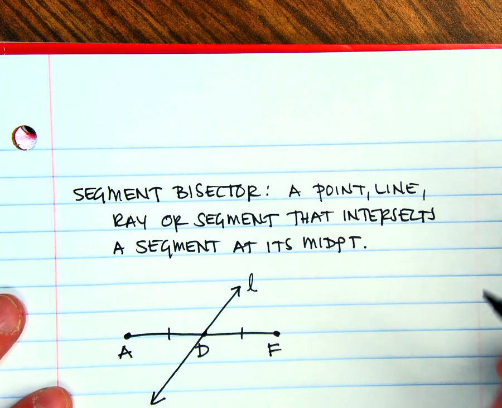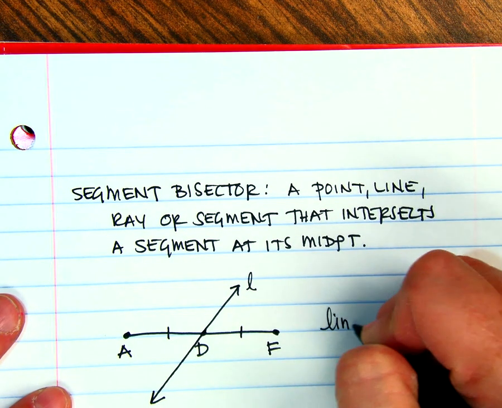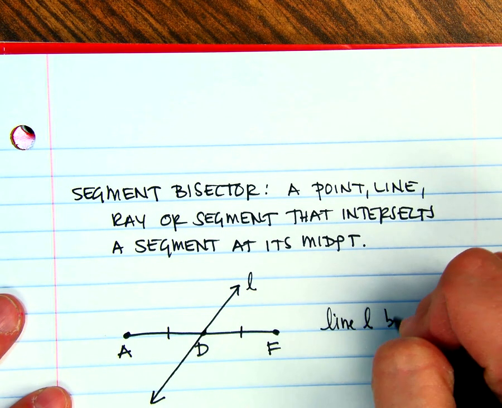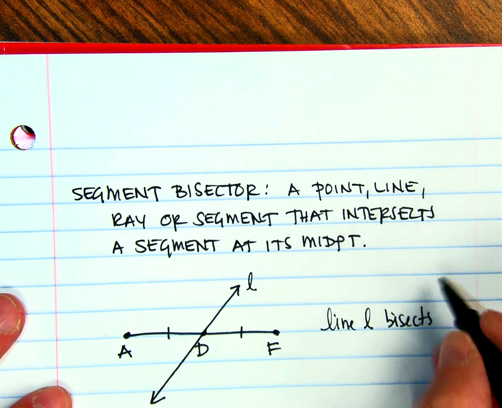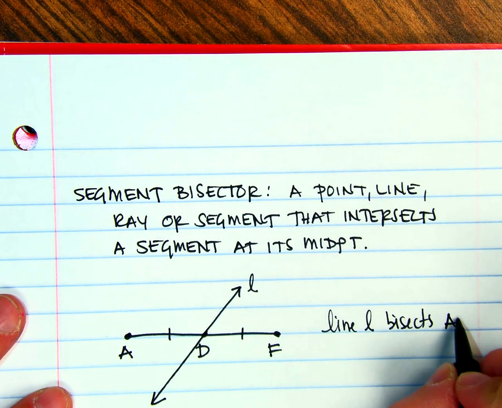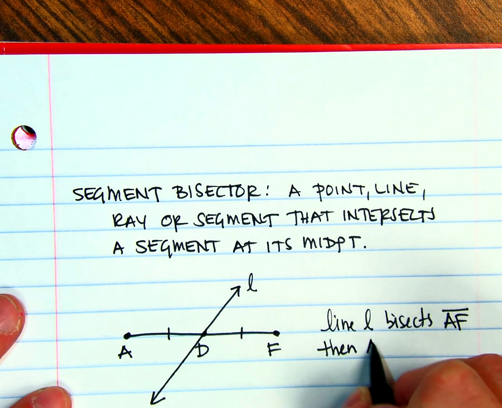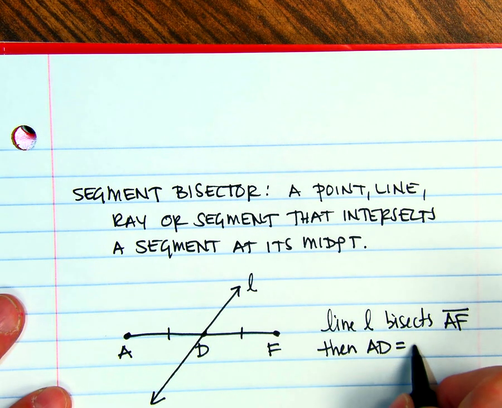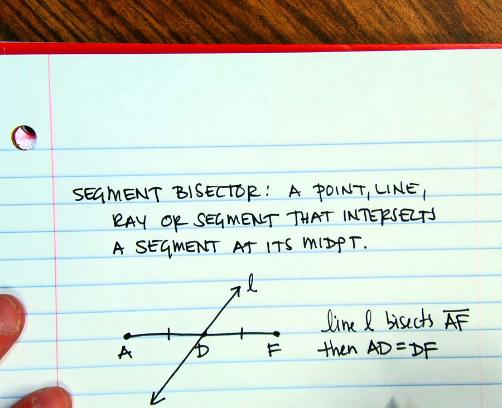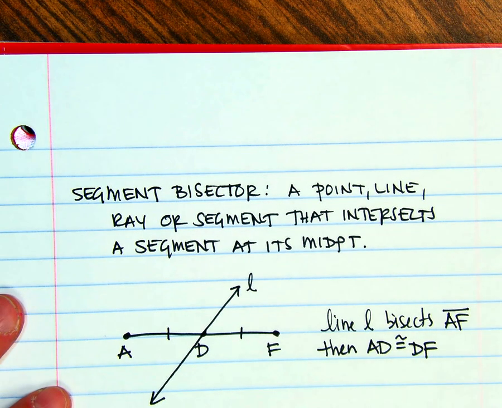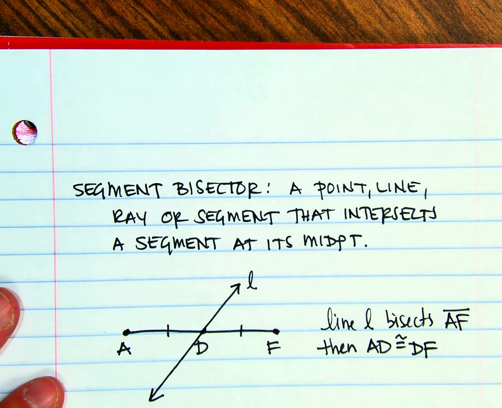So I could say that line L in this situation bisects AF. Then AD has to be congruent to DF. So again, L is the segment bisector.